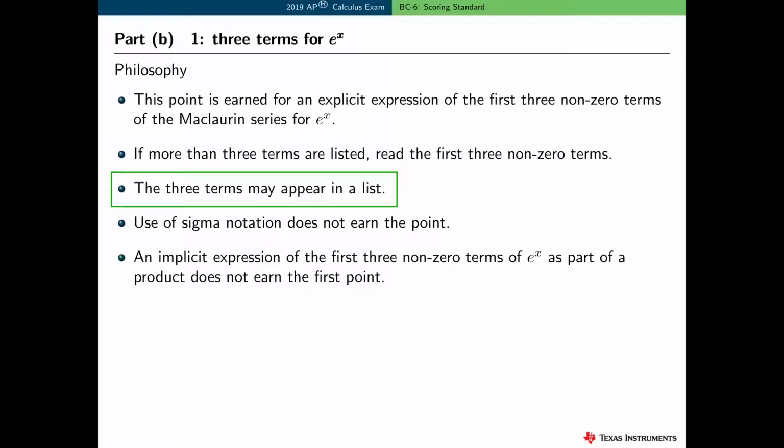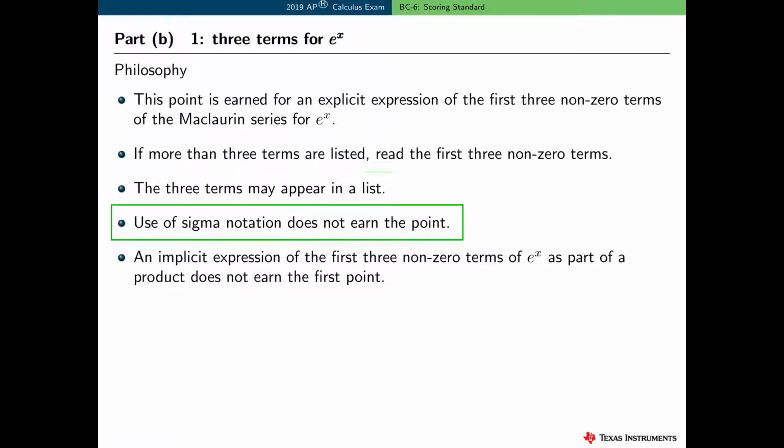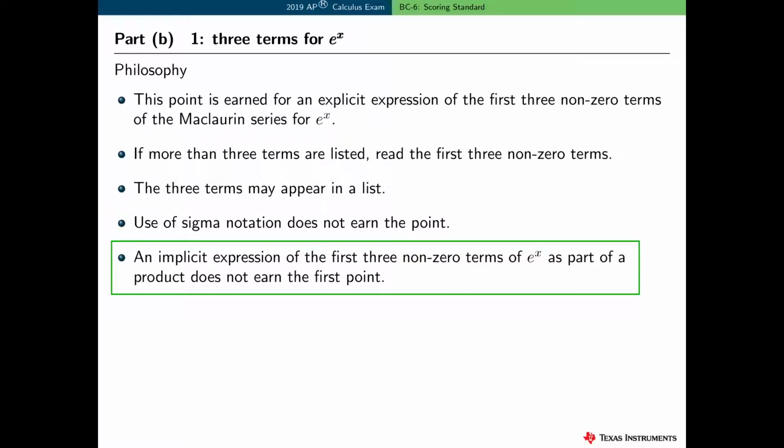Now, the 3 terms may appear in a list, not as part of a sum. If the student presents just general sigma notation for the Maclaurin series for e to the x, they do not earn this point. And an implicit expression and use of the first 3 non-zero terms of e to the x, usually as part of a product, does not earn this first point.